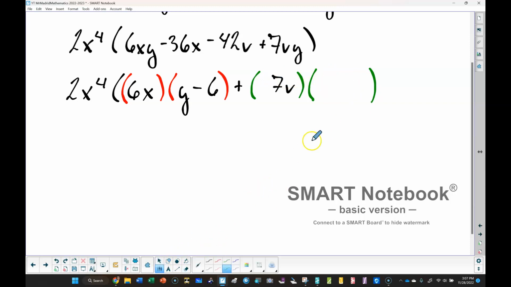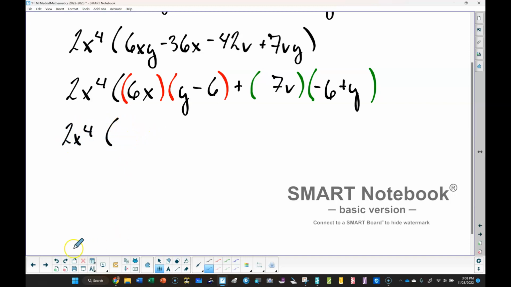Okay, so let me go ahead. And now if I factor out a 7v from here, I'm left with a negative 6. Whoops. Okay, and negative 6 times this gives me this, and this divided by that leaves me a plus y. Okay, so basically I have y minus 6. So now that it worked out, I can go ahead and rewrite it this way. Pay attention.